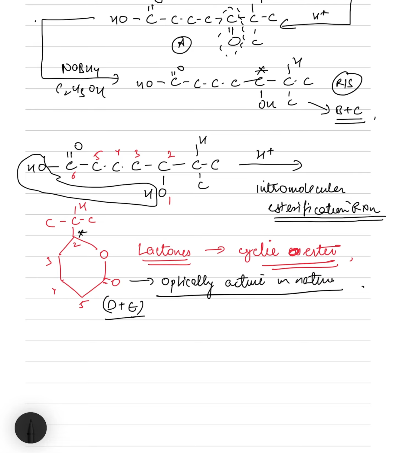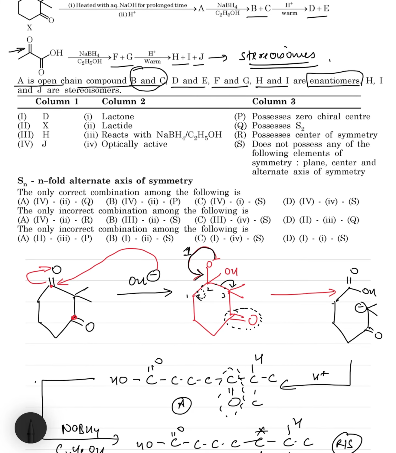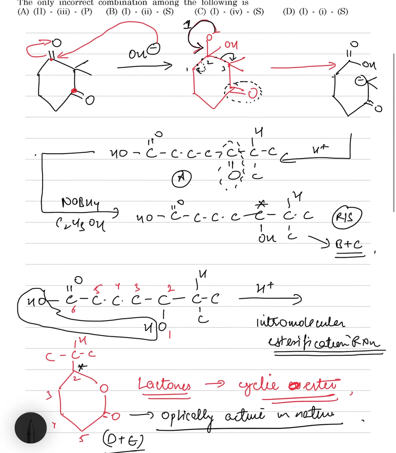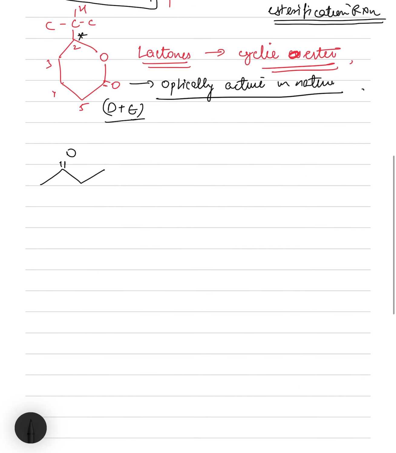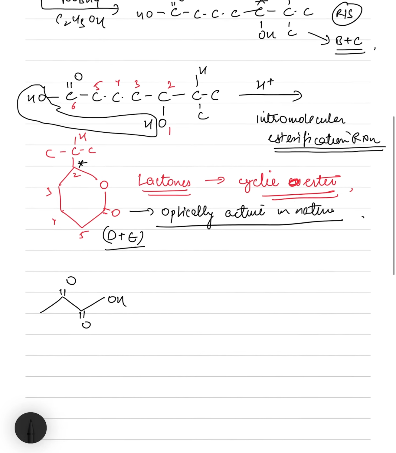Now next, the molecule which we have is the alpha keto carboxylic acid, this one, right? If you look at the reaction, first of all we are doing the reduction of this molecule using sodium borohydride and C2H5OH.